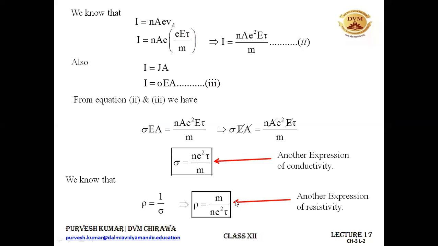It depends on the material properties. The number density is a material property. Relaxation time also depends on the type of the atoms present in the material, the charge carriers present in the material, their mass as well as the square of their charge.